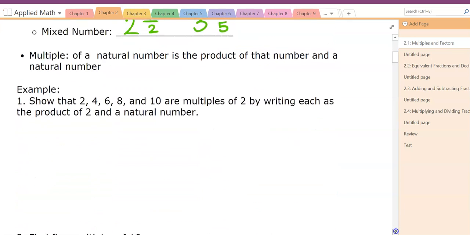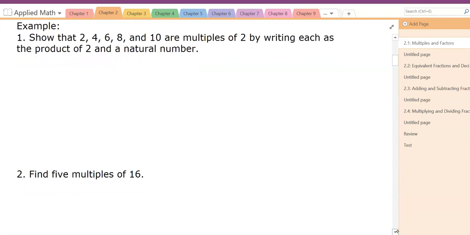Or they're going to ask you to show how certain numbers are multiples by writing it as a product of something and being multiplied to something else. So this first one is saying show that 2, 4, 6, 8, and 10 are all multiples of 2 by writing each one as a product of 2 and a natural number.